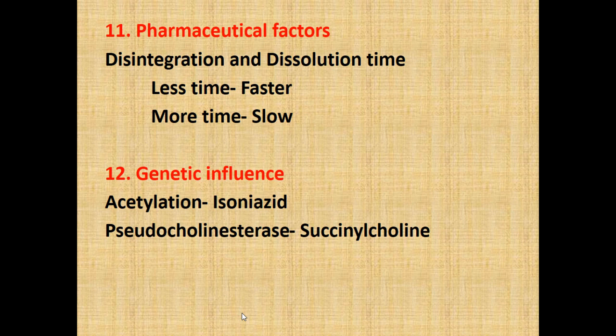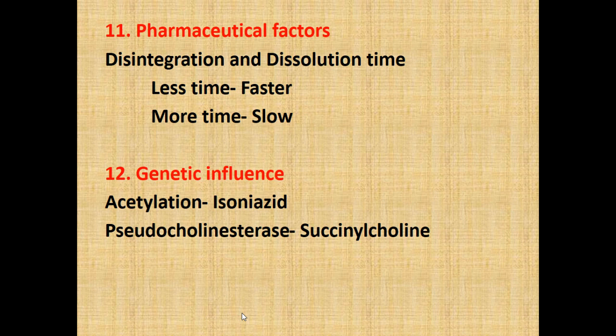Then genetic influence. Genetic influence is one of the important things in pharmacology, that comes under pharmacogenetics or pharmacogenomics. Here the question is, what is the effect of drugs in relation to the presence of genes. For example, isoniazid is normally metabolized by acetylation, that is, by the acetyltransferase enzyme.